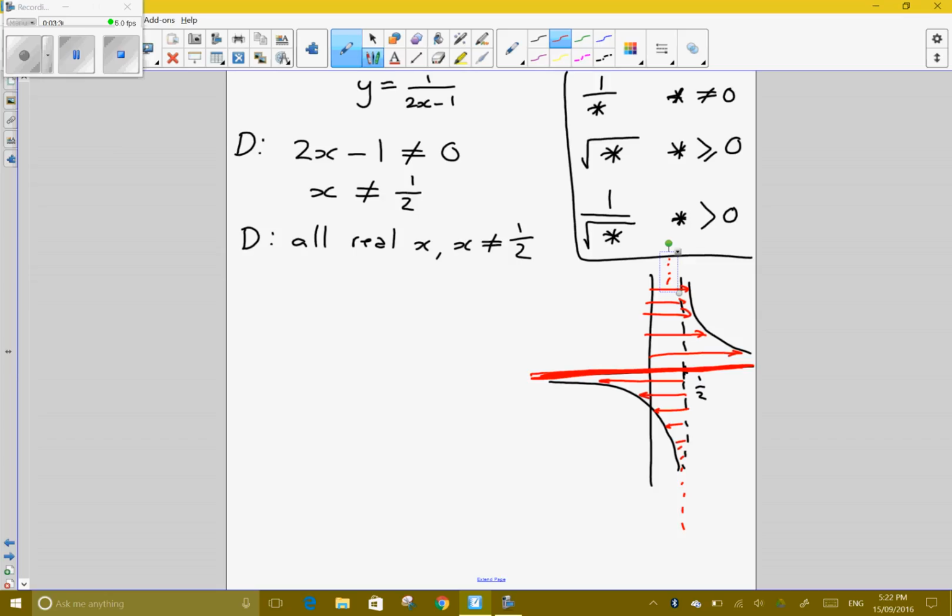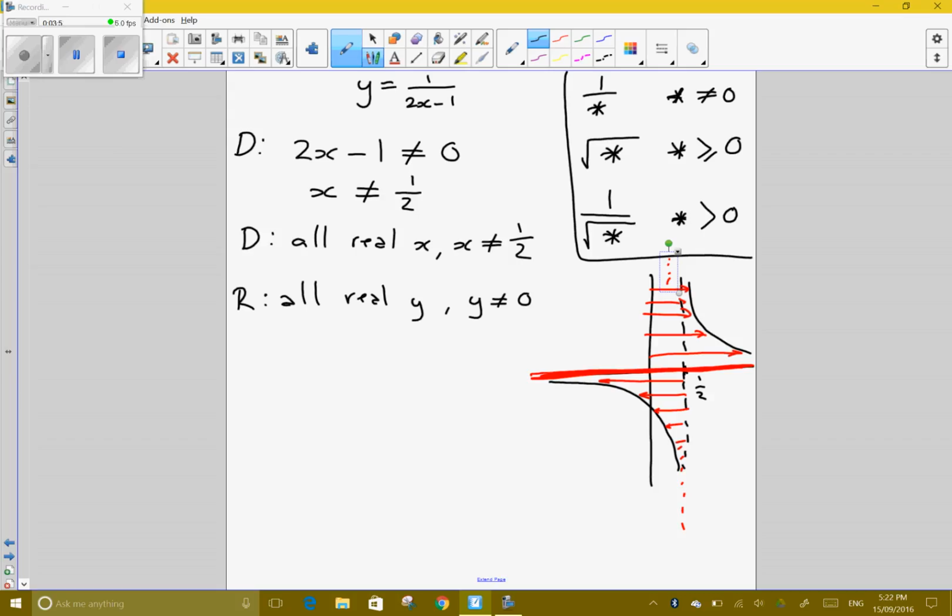So the range is everything except that x-axis. So the range is all real y, but y cannot equal 0. That's y equals 0, which is the x-axis.